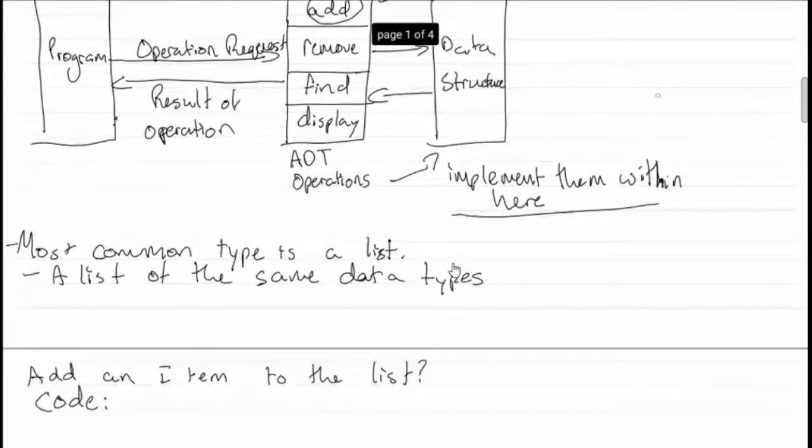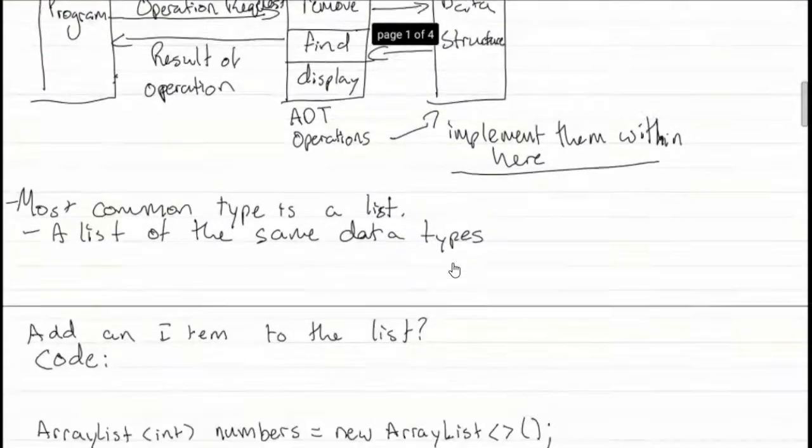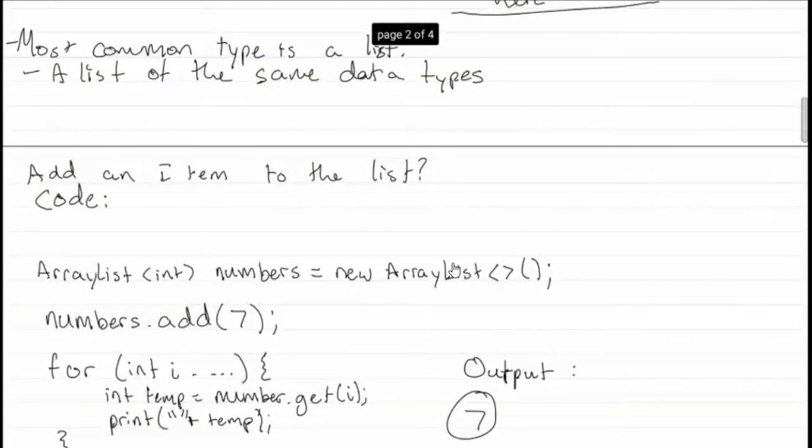So let's do an example of what's happening here using lists. The most common type we're going to be using is a list of some sort, and all it does is store information of the same type. Remember that.